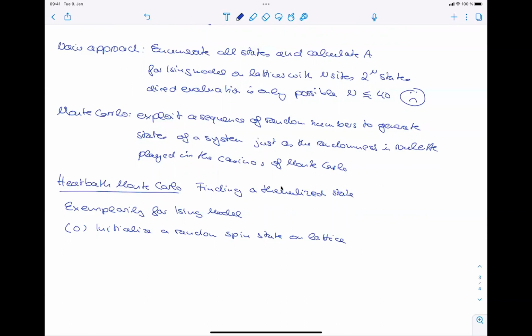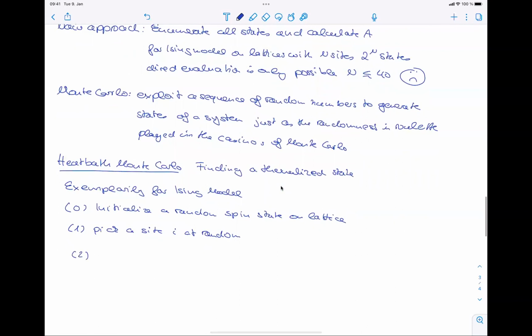And then we run the heat bath by first picking a site i at random. And then we check how many neighbors are pointing up.